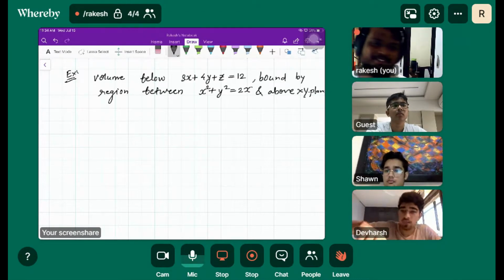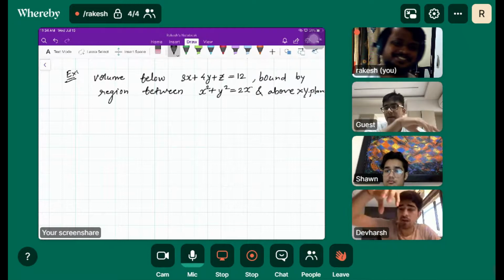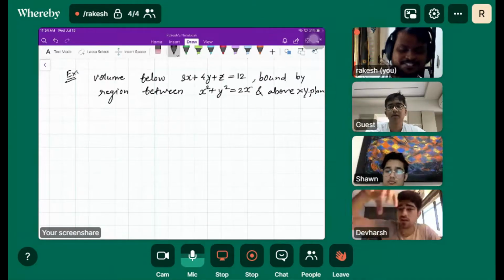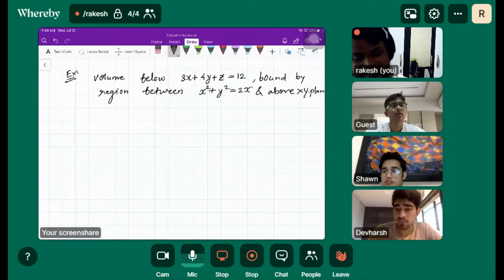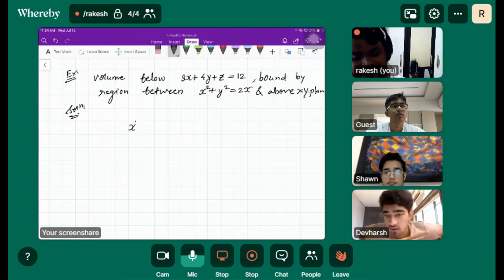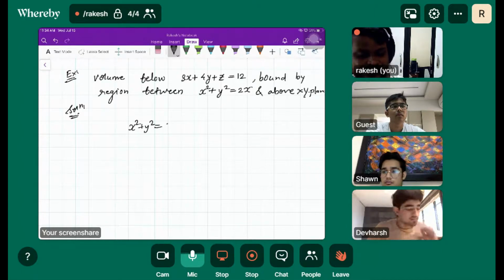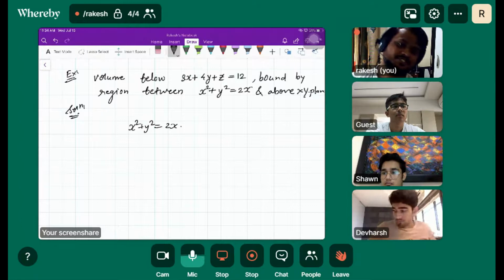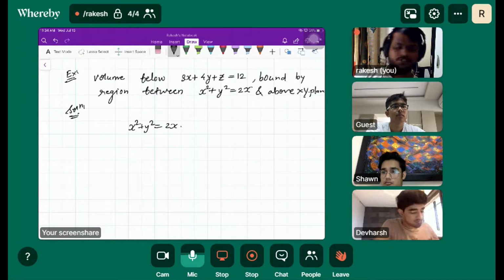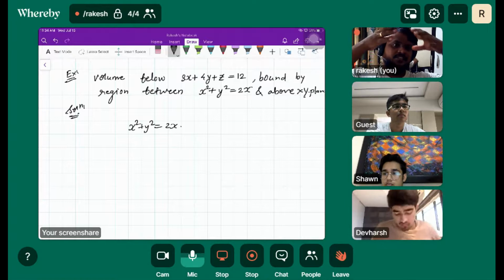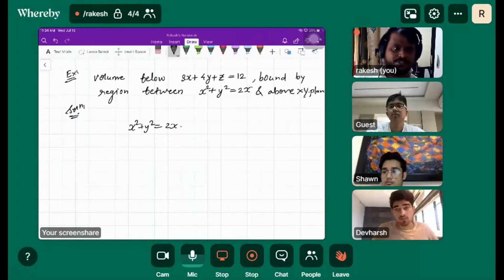Yes, but when you take the height, there will be depth also, and it becomes a cylinder. I'm asking what this equation is. Yes, I understood. x square plus y square is equal to 2x is just a circle, and when it has certain height, it will give you a sense of a cylinder, right?